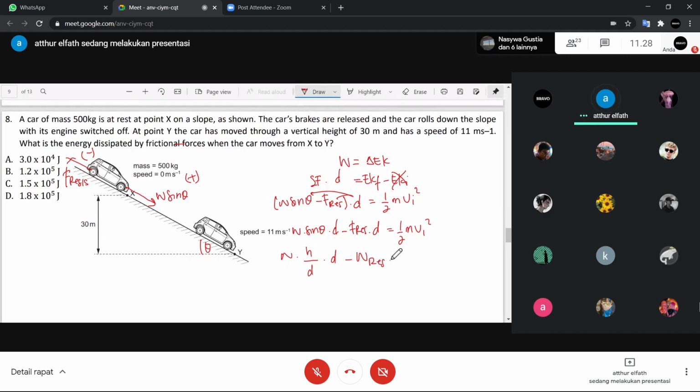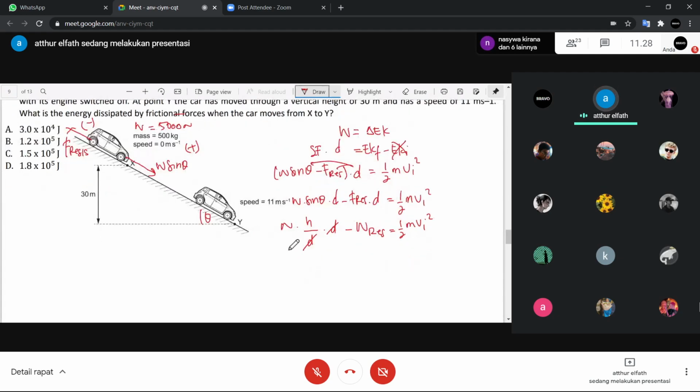Then 1/2 mass times velocity squared. The initial velocity is 0, so we can ignore this one. This is the weight of the car. The mass of the car is 500 kilograms, so the weight of the car is 5,000 Newton. 5,000 times the height of 30, minus the resistive work, equals 1/2 times 500 times the final speed.